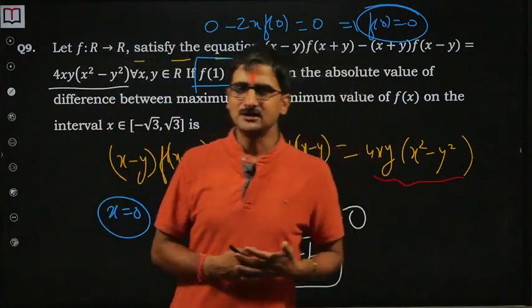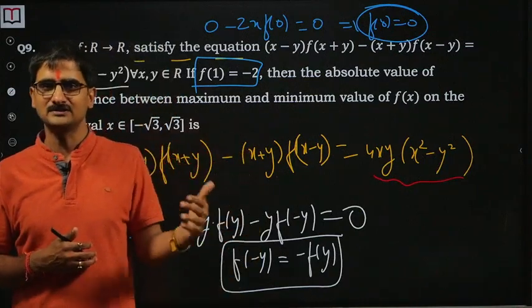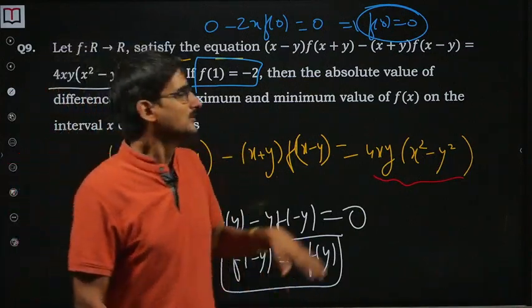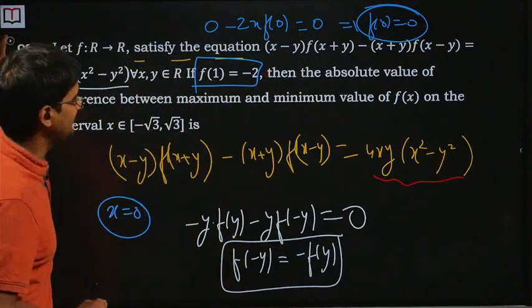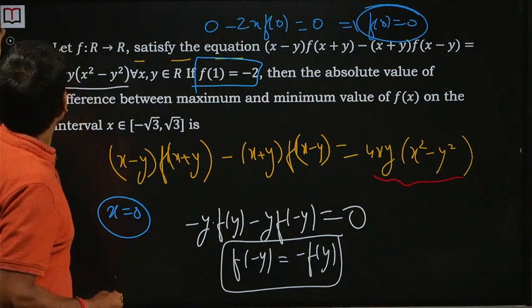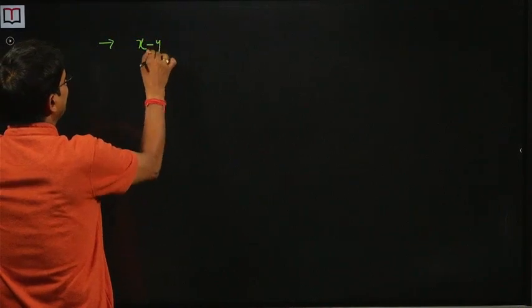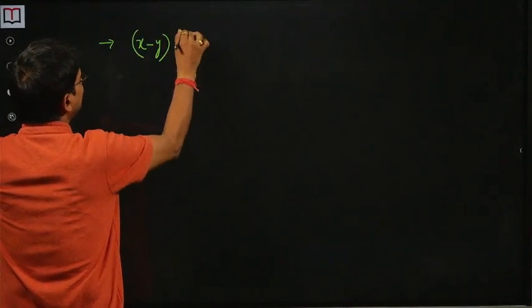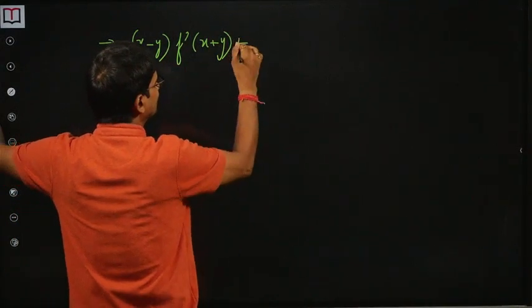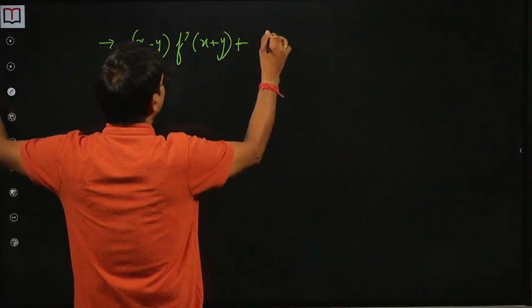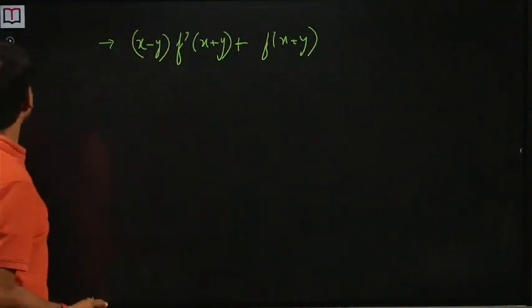The method says that differentiating the entire relation, treating one variable as a constant. So if I treat y as a constant here and differentiate with respect to x, what do we get? Using product rule, f dash of x plus y plus f of x plus y. I think all of you agree, because y is a constant.